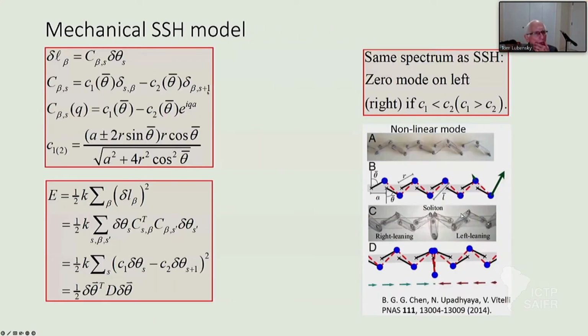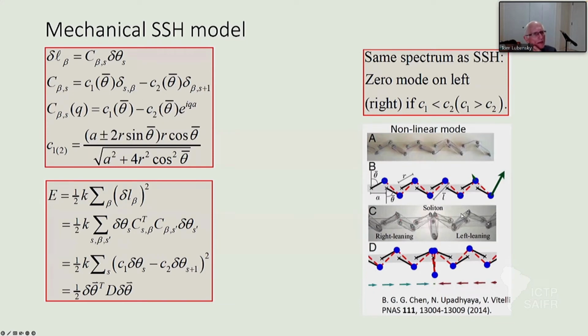Now, you can set things up so the change in length of the bond is the compatibility matrix times the change in angle at the site S, and beta refers to the bond that is adjacent to S. And you can also look at what happens on either side. This is like the psi at site S, and this is the psi at site S plus 1.